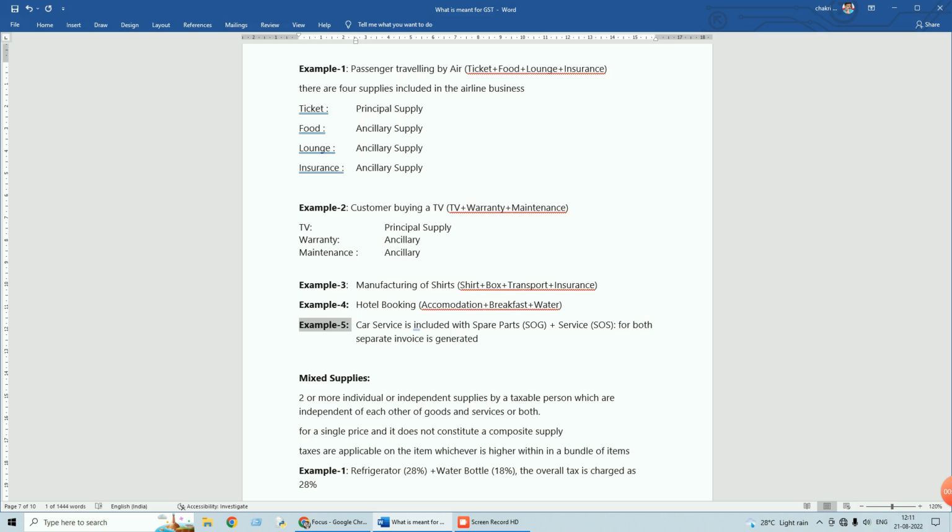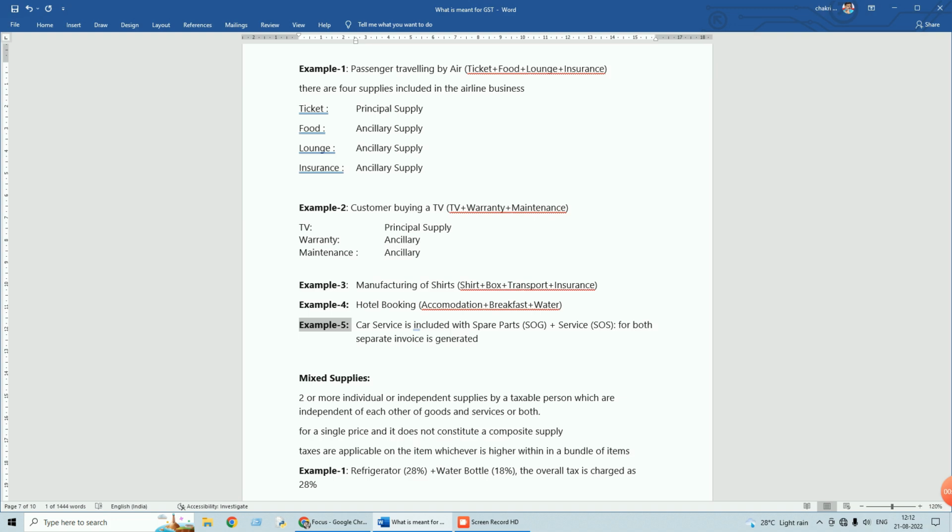The last example is if we are giving our newly purchased car for service. There are 2 things involved in the car service: one is spare parts, one is service.